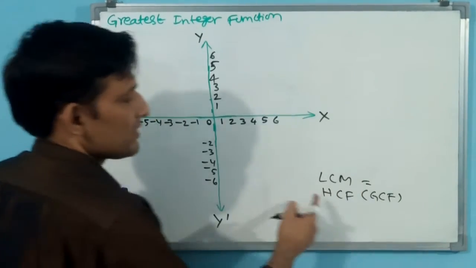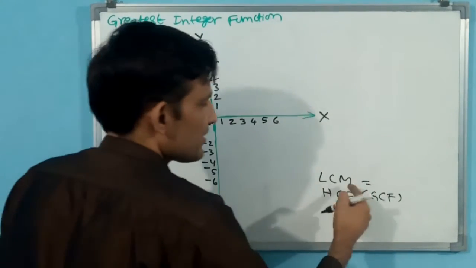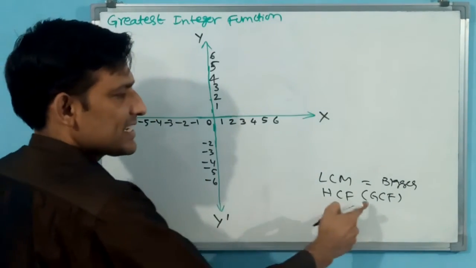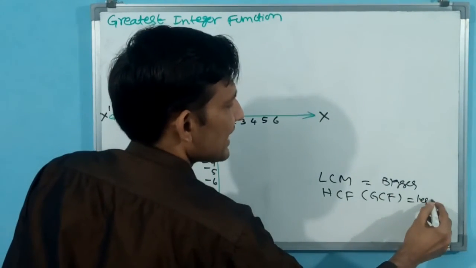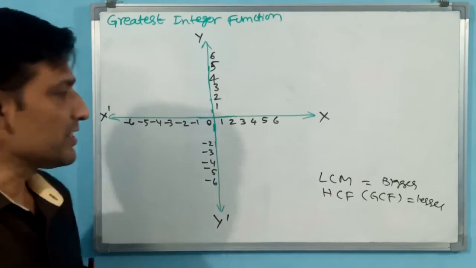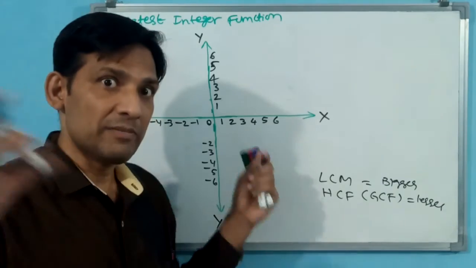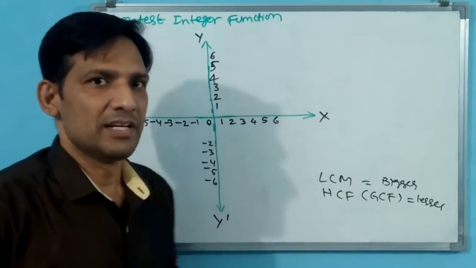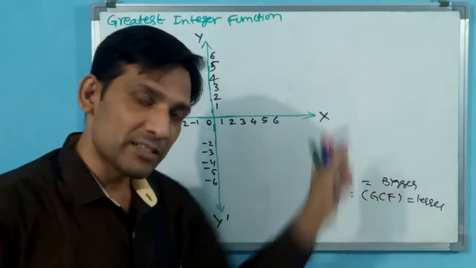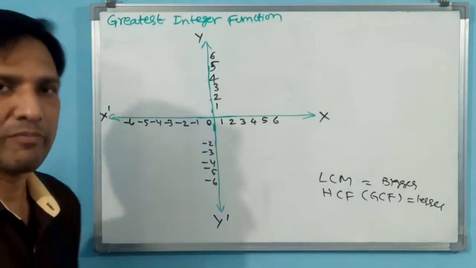But for namesake least is there, while the figure will be bigger. For namesake highest is there, but the figure will be lesser. Least common multiple LCM will always be bigger than HCF. Like that, for writing sake we write greatest integer function, but the lesser value you have to take. Keep that in your mind.